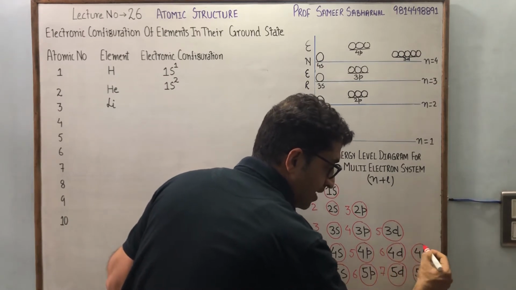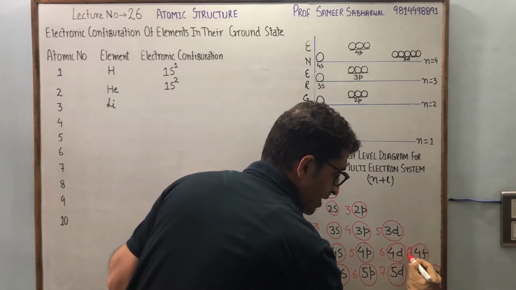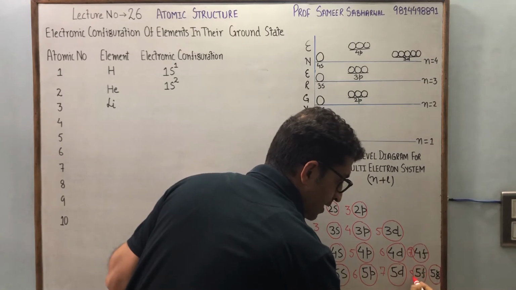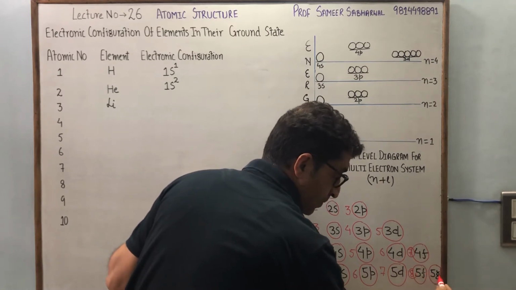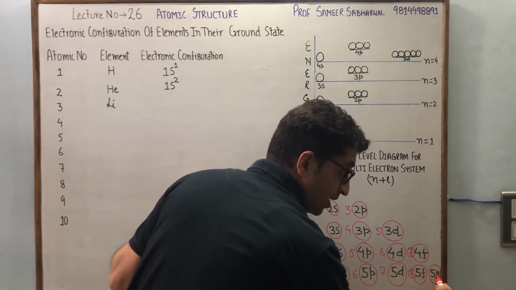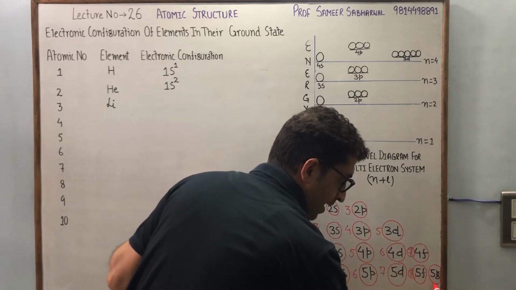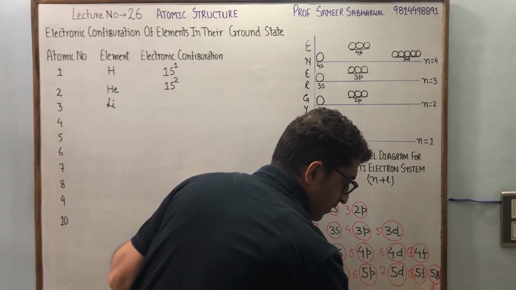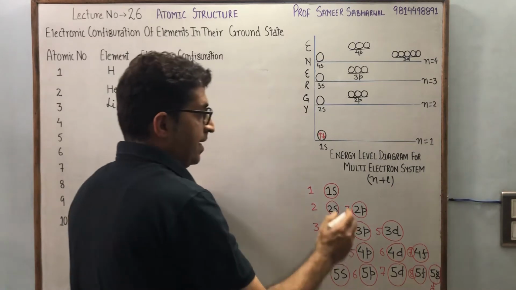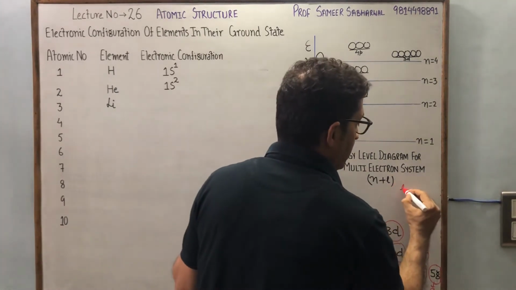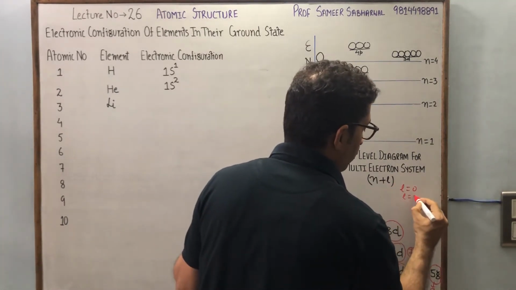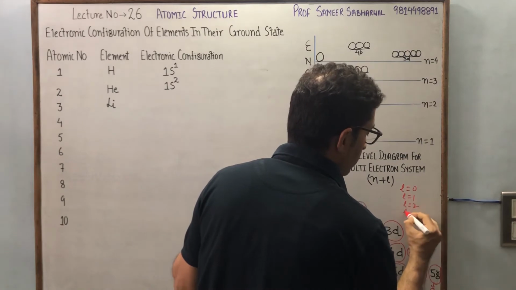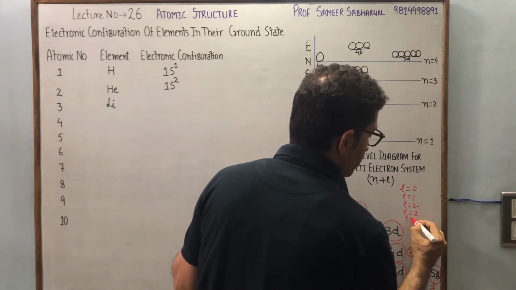For f, l is 3, so 4 plus 3 is 7, 5 plus 3 is 8, and for g, 5 plus 4 is 9. I repeat: for s, l is 0, for p, l is 1, for d, l is 2, for f, l is 3, for g, l is 4.